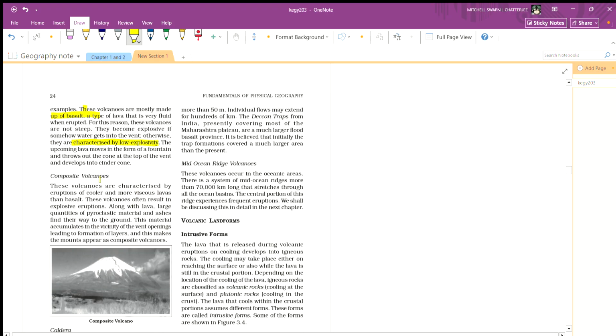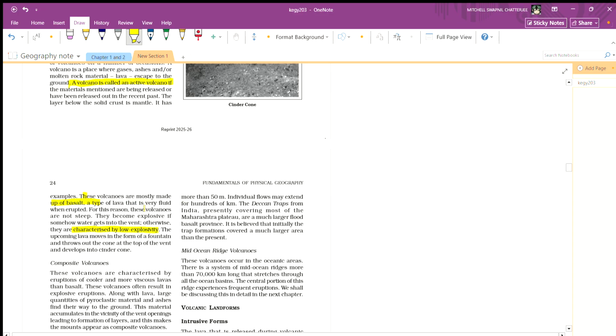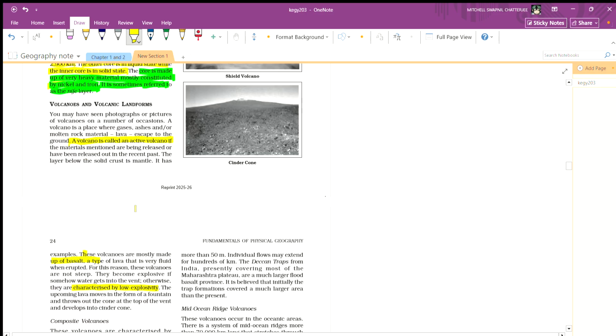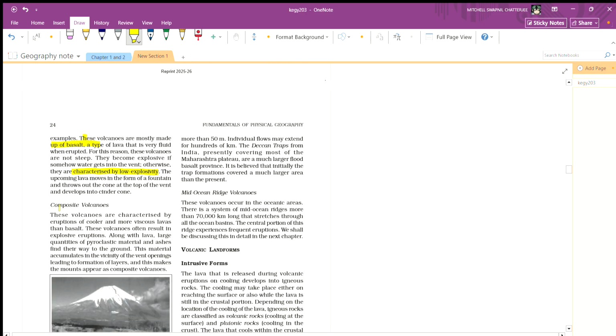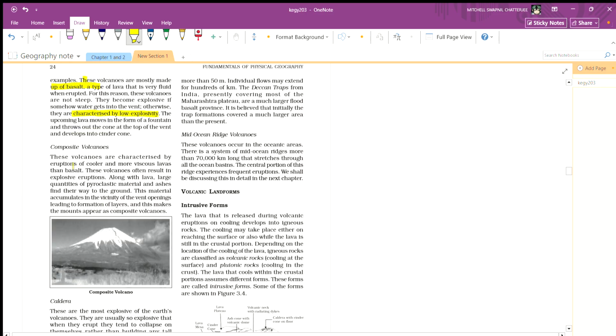Now the second type is composite volcanoes. These volcanoes are characterized by eruption of cooler and more viscous lavas than basalt.